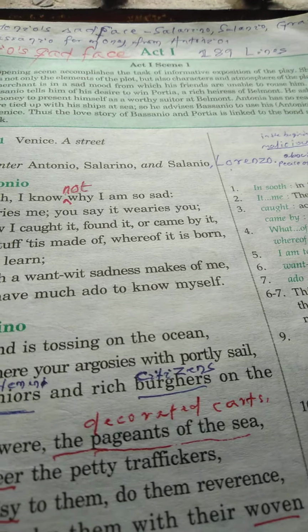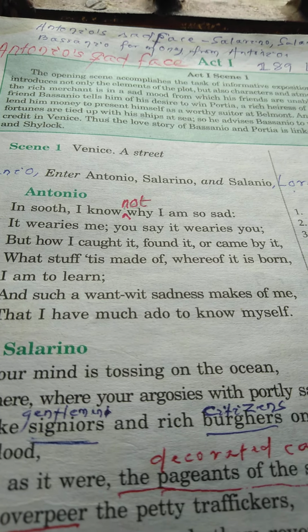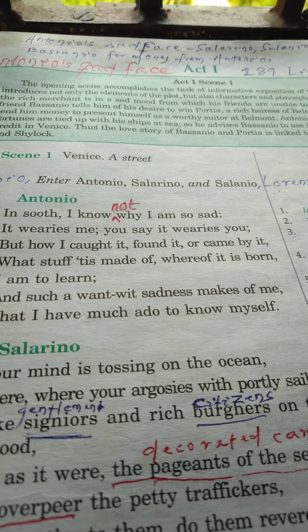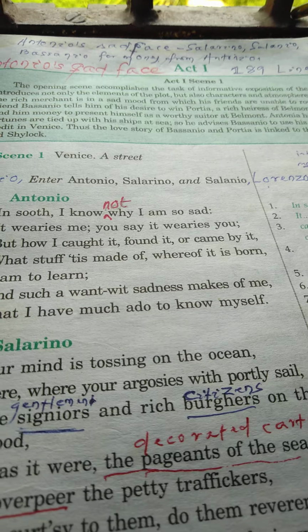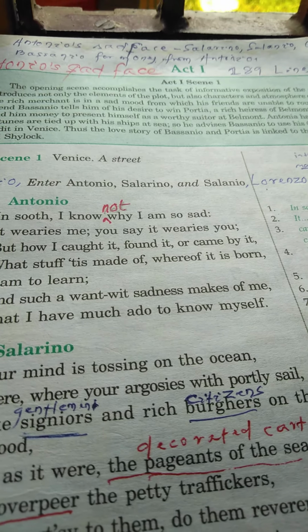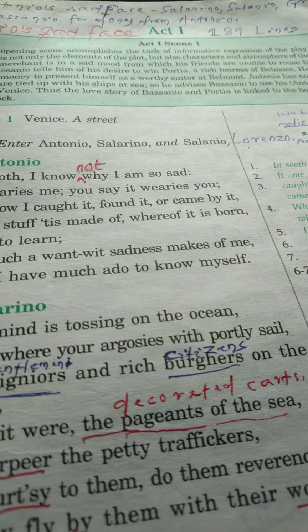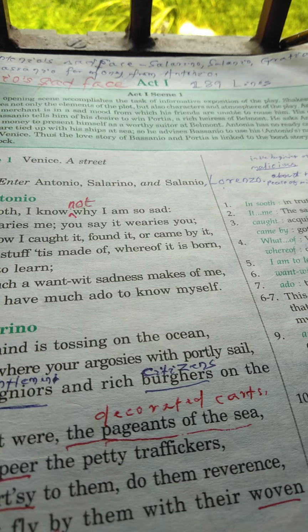Please see the lines. "In sooth, I know not why I am so sad. It wearies me." You say it wearies you.